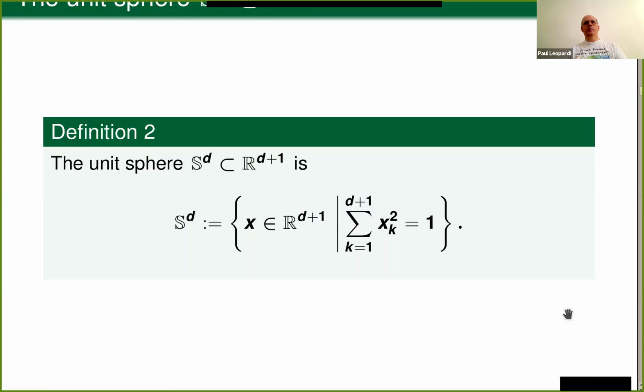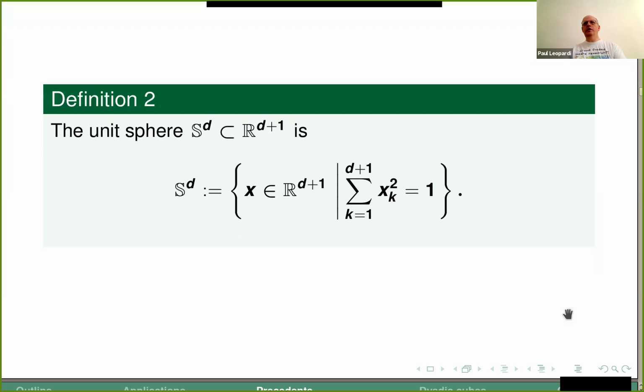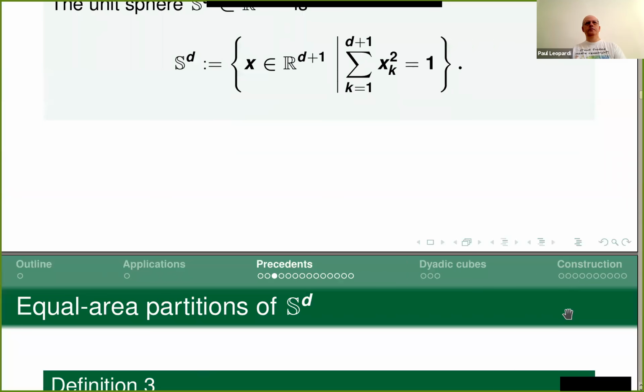Firstly, reminding you about exactly what we mean by the unit sphere. We're calling it, this is just set notation really, S^d, and that's in R^(d+1). So, all the points of distance 1 from the origin in that particular real space.